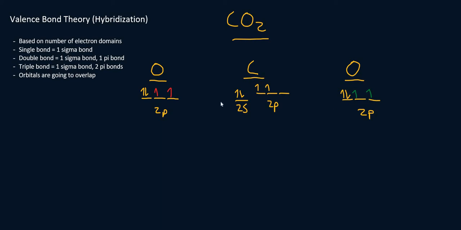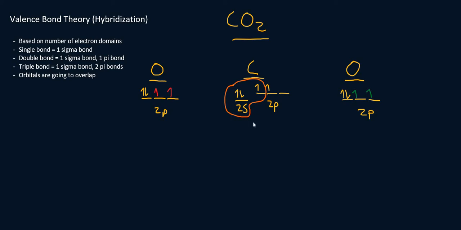But for the carbon, we need to actually make the hybrid orbital. Like I said before, we're going to fuse some of these orbitals together to make the hybrid form. And we know for CO2, it's going to take the sp form. To take the sp form, we're going to fuse this s orbital with one of these p orbitals.